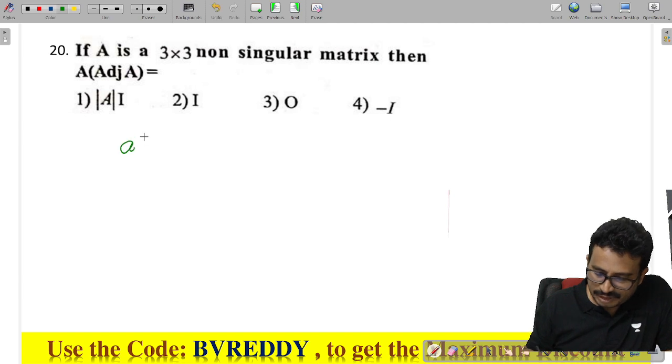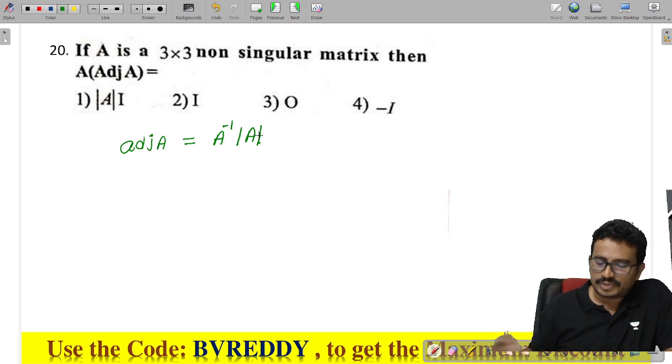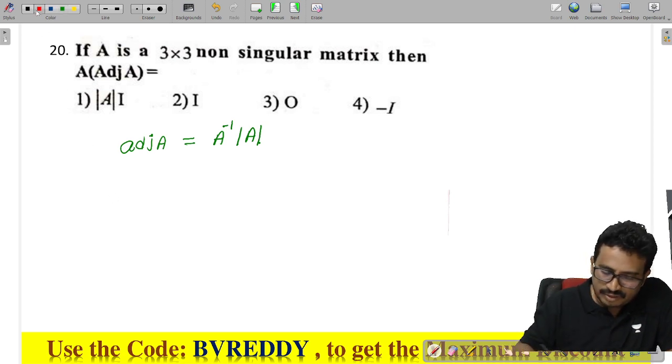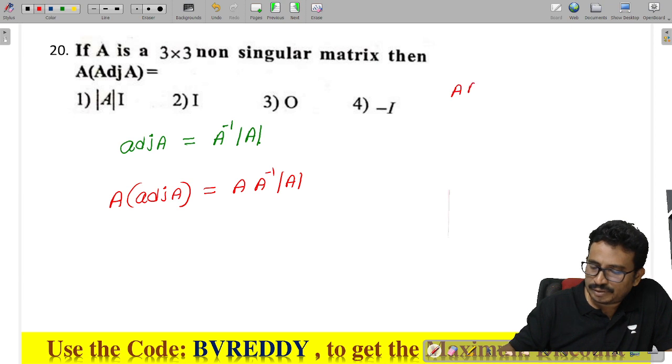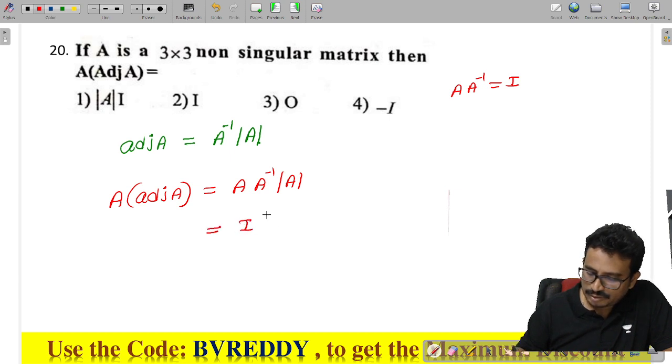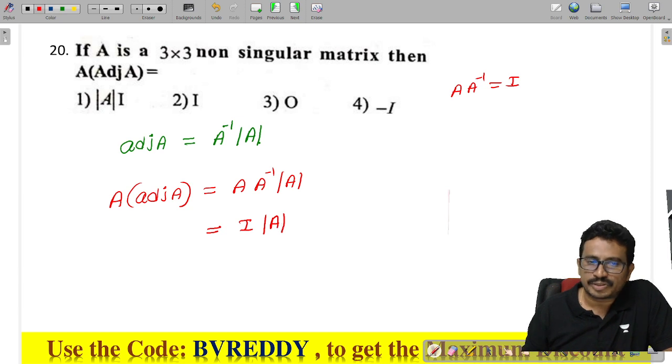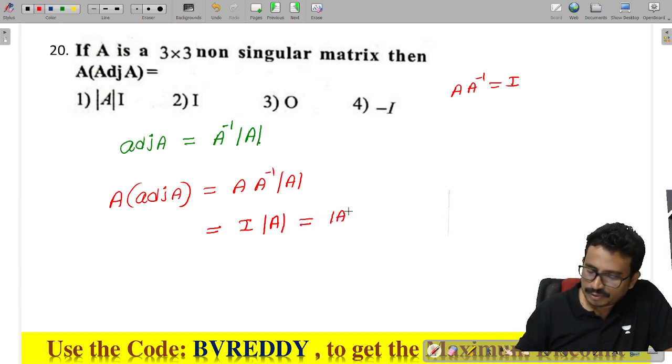So as we know, the adjoint of a matrix is given as A inverse into det A. So here I need to find A into adjoint A, which is A into A inverse into det A. As we know, A into A inverse is nothing but the identity matrix I, so I into det A. Det A is a constant, so this is also equal to det A into I. So option 1.